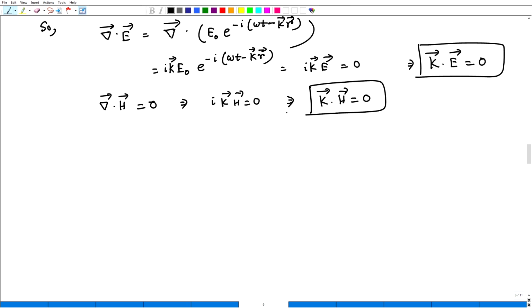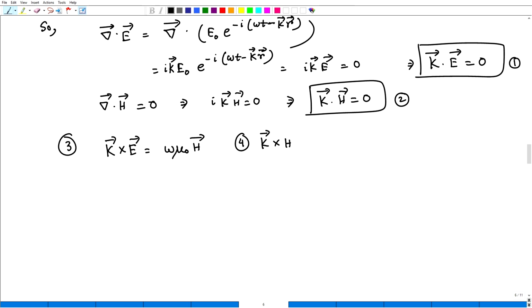So considering another two Maxwell's equations, we can prove that simultaneously. This is, let us say, 1, 2, the third one will be, and the fourth one is.